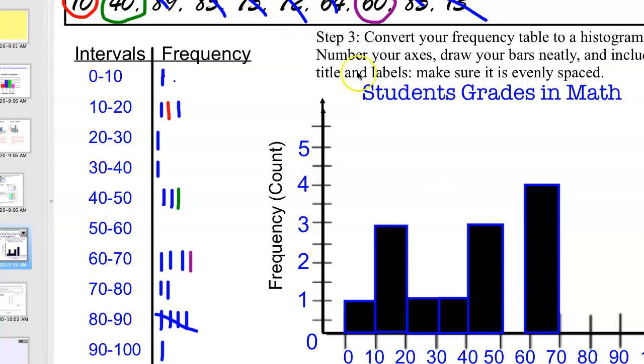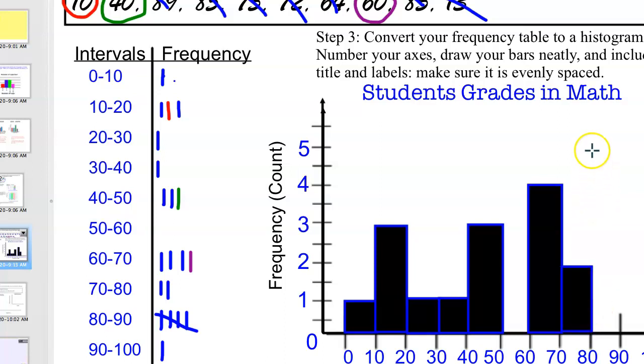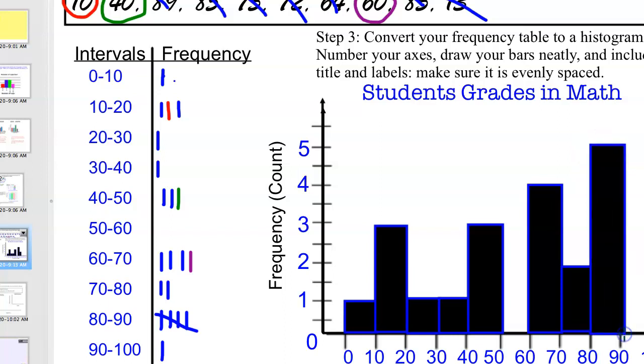Okay, just move that over a little. Then 2 from 70 to 80. 5 between 80 and 90. And 1 between 90 and 100.